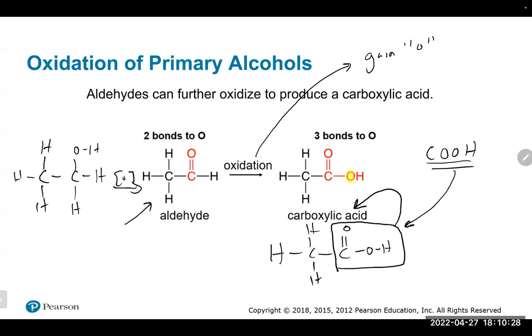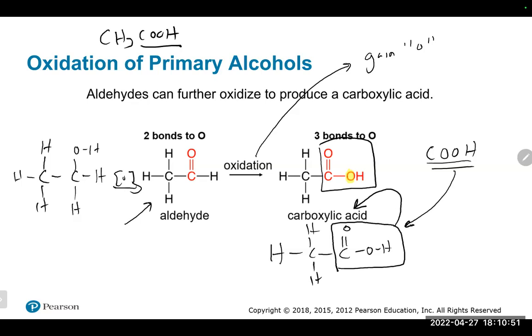Like we might have talked about acetic acid, which is written like that. So it is actually a carboxylic acid, this guy right here. And sometimes it's written COOH, and it is this part of the compound that is that COOH.